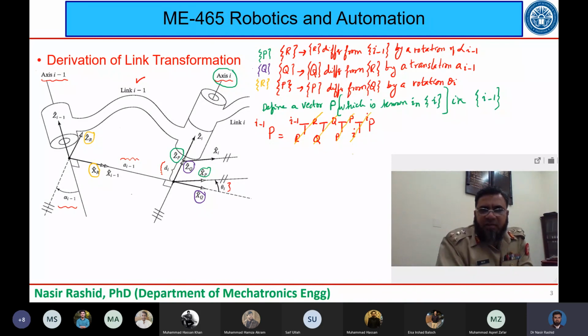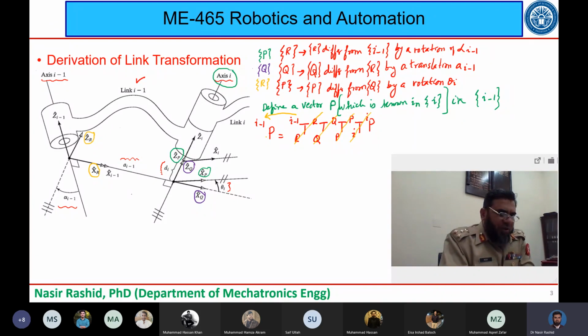So in the end, we are left with P in I minus 1. You see, this I minus 1 has come here and this P has come here. So this is how I can now know my vector P, which was known to me in frame I, now in frame I minus 1.